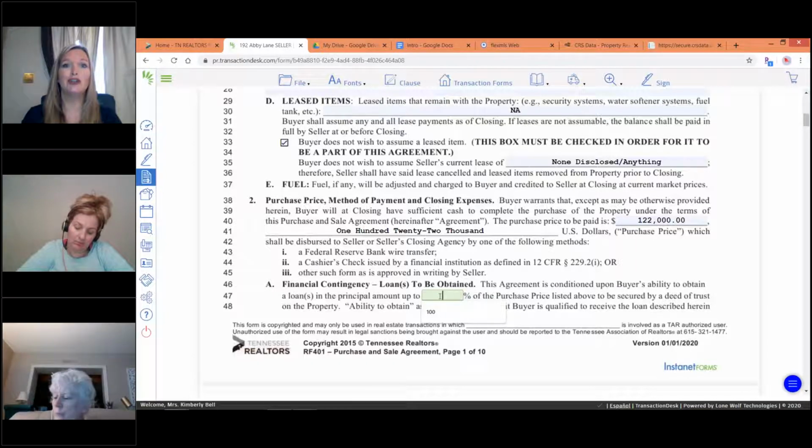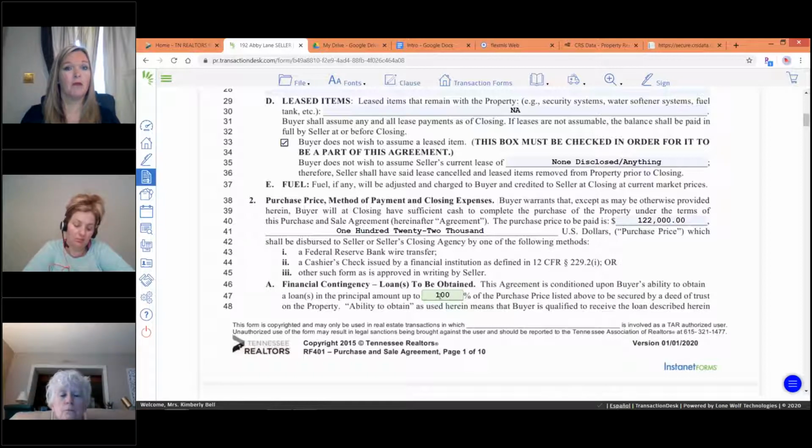You need to be able to know what that loan is doing. So do they need 20% down? If it says they need 20% down, then this number would be 80. If it says that they're USDA and they're 100%, it's 100%.